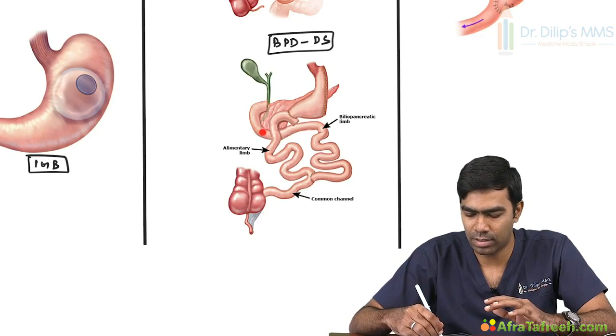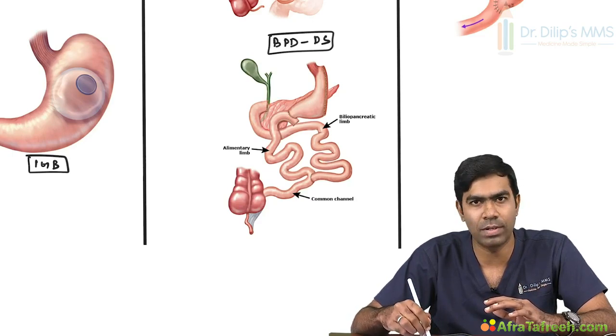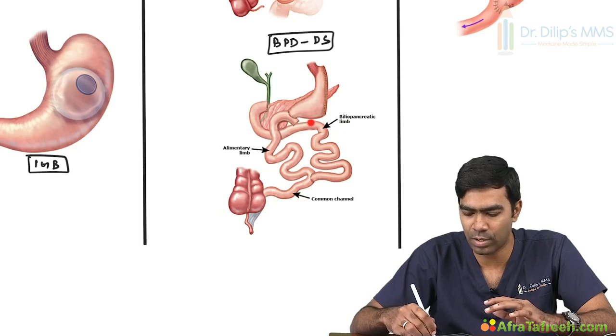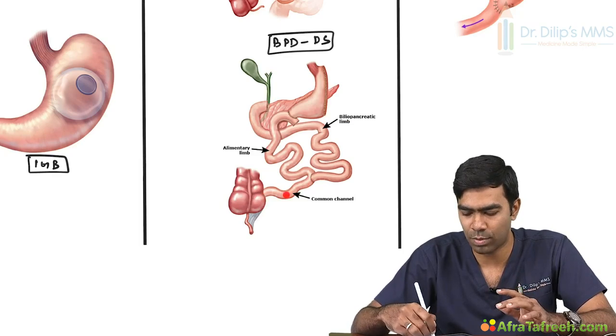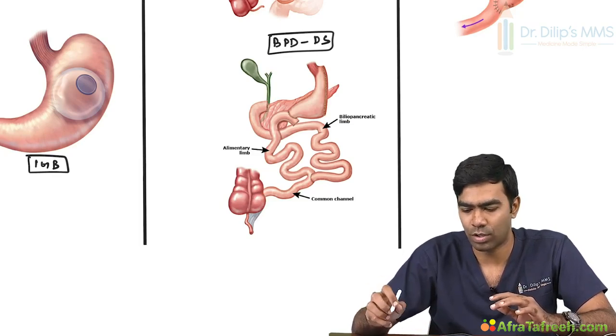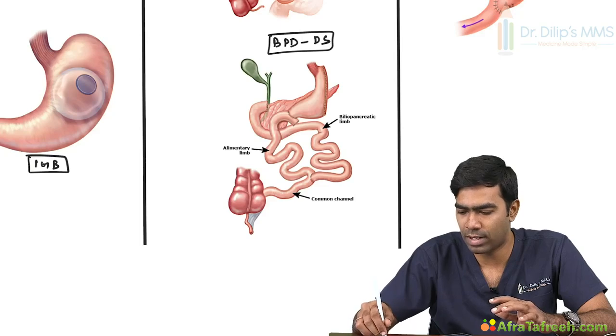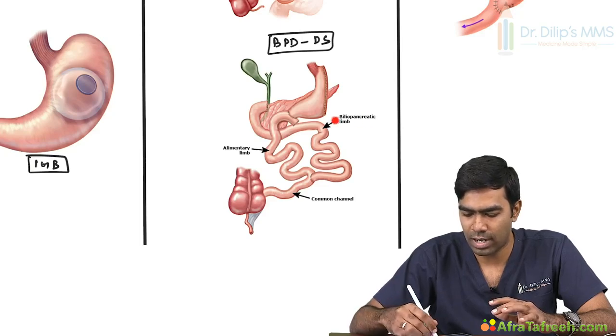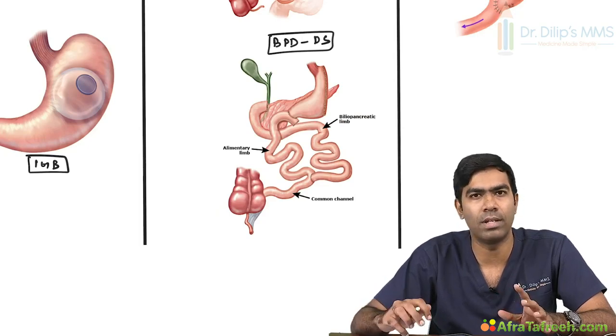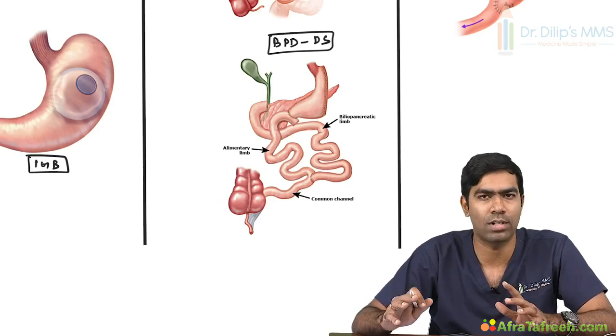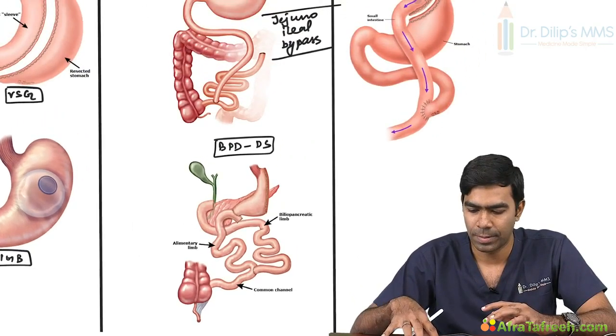And this limb is what we refer to as the biliopancreatic limb. This is nothing but an isolated duodenum and jejunum that will be anastomosed to the ileum just proximal to the ileocecal junction. So you create a biliopancreatic limb, which is the isolated segment of the intestine, and that's not going to absorb any nutrients, and that's how you promote weight loss.